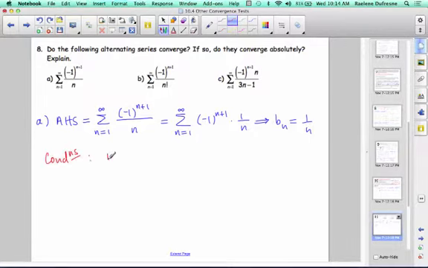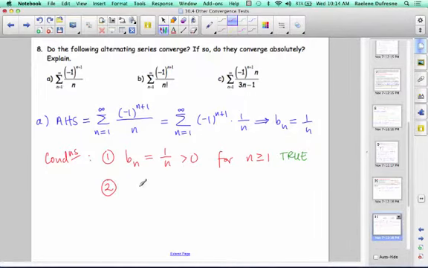The three conditions, first of all, state that Bn are always positive. And here, Bn is equal to 1 over n, which is always positive, for the n values we have, greater than or equal to 1. So this is true. The second condition is that the Bn terms do not increase.